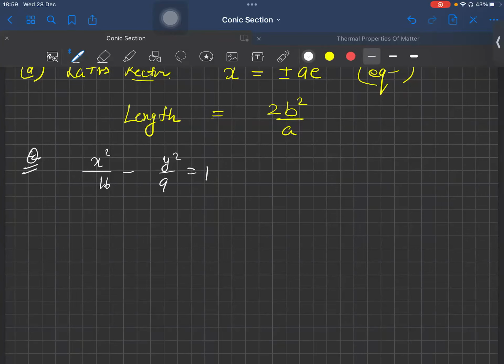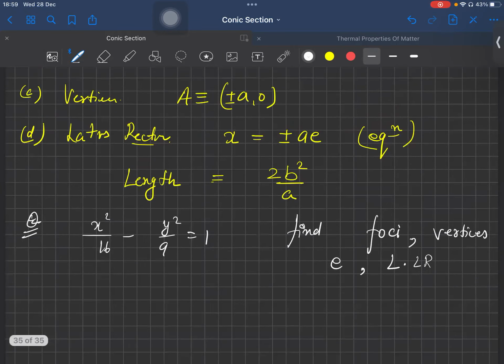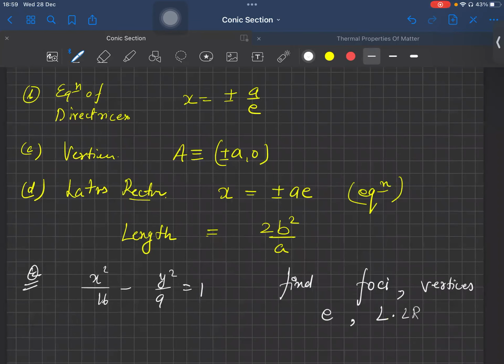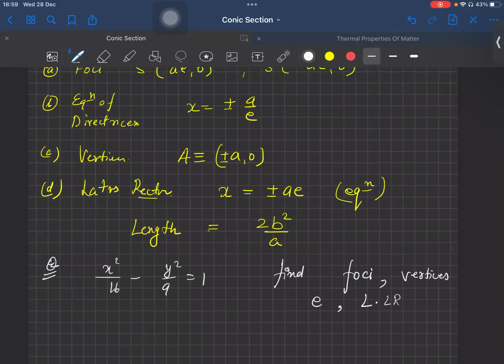Find the foci, vertices, eccentricity, and length of latus rectum. For reference, just check out these values.